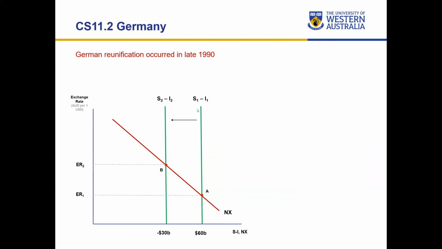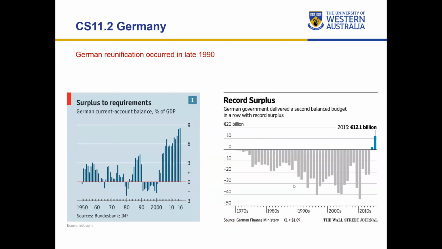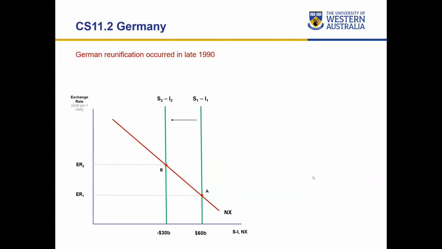We know that savings were falling. We can see it there, gross savings. And we know that borrowing by the private sector for investment and by the government to finance government budget deficits, we know that total borrowing was increasing. So if you've got S falling and I increasing, you're going to get a leftward shift in this line.